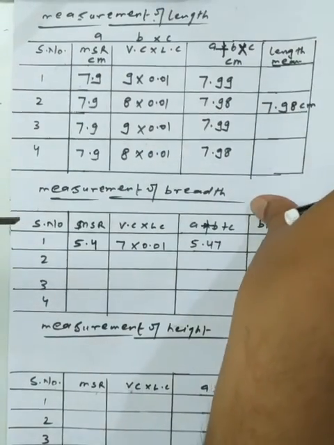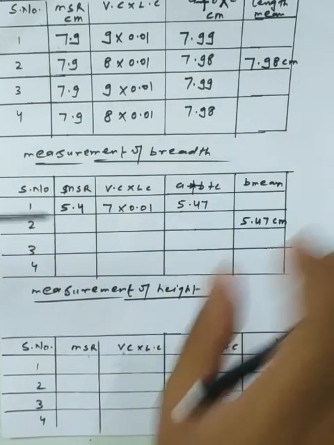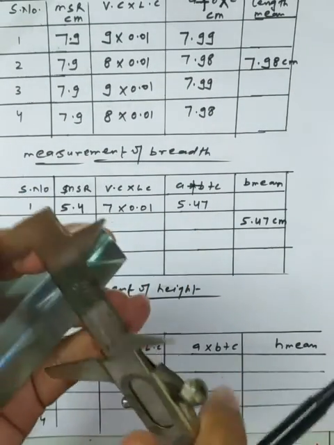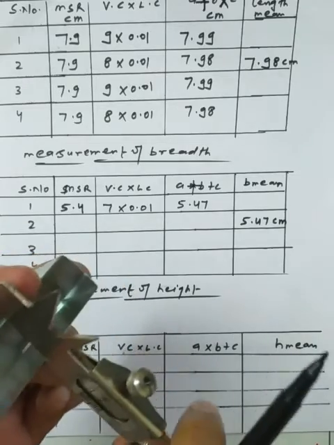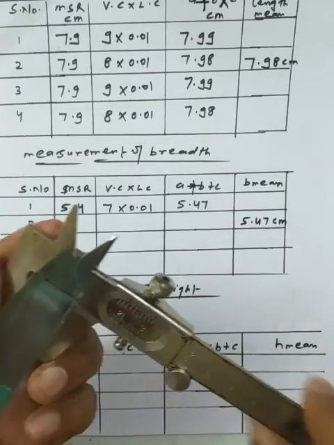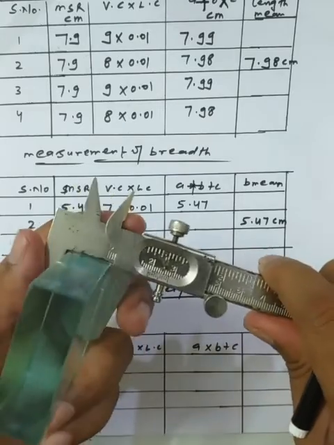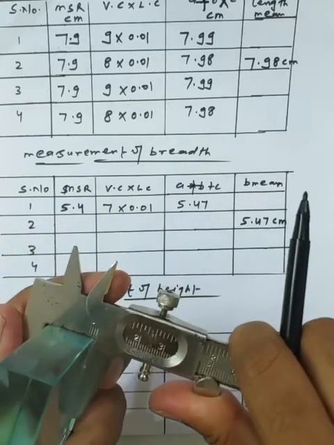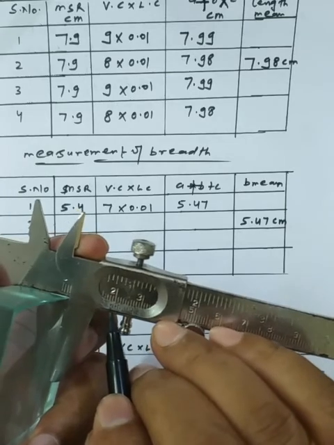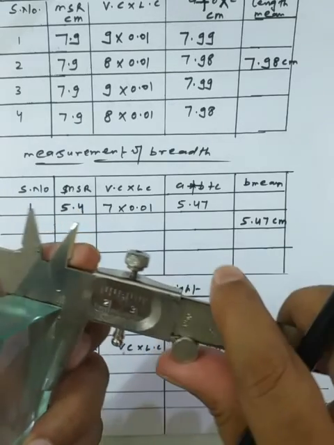Now how can we measure the height by the help of the vernier calipers? I am taking the height portion between the jaws of the vernier calipers. It comes near about less than 2. So the vernier zero line coincides with the 1.9 segment on the main scale.